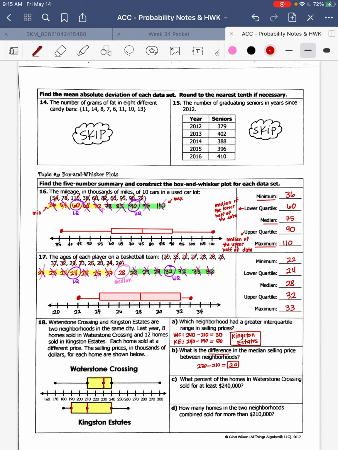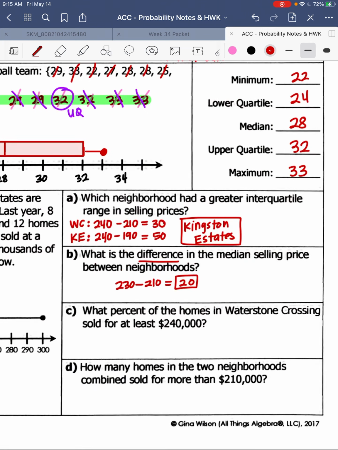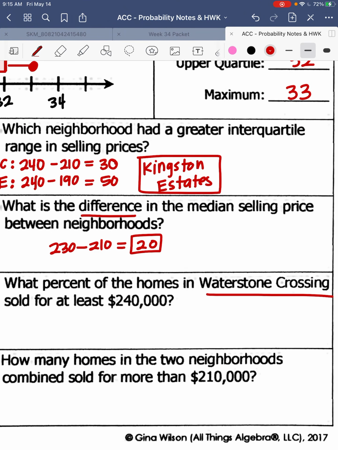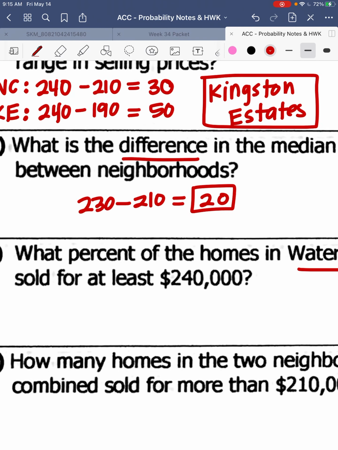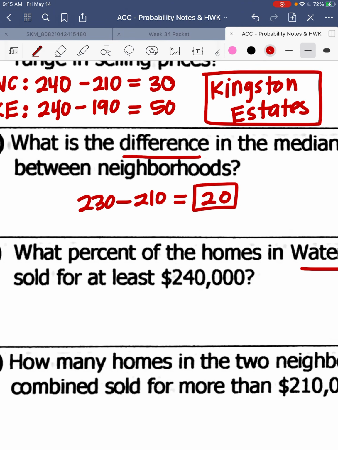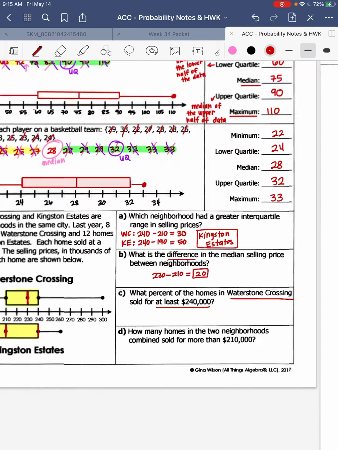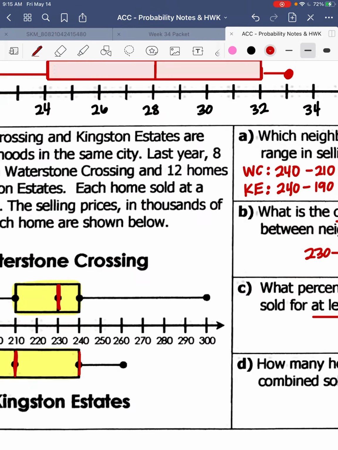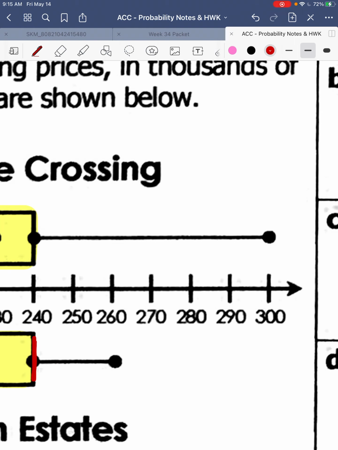What is the percent of the homes in Waterstone Crossing that sold for at least $240,000? So this time we're just looking at Waterstone Crossing. And we know we're looking for how many homes sold for at least $240,000. That means $240,000 and above. Okay, so Waterstone Crossing is the graph on top. So we're looking at $240,000 and up, right?